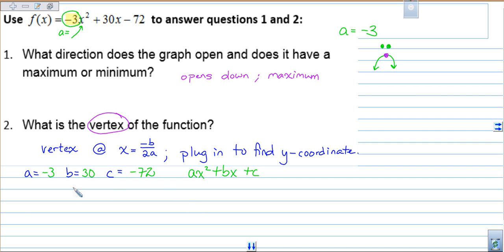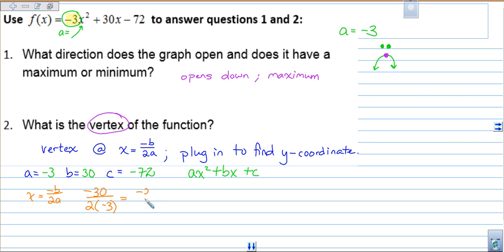So now we're going to figure out, okay, x equals -b over 2a. So try not to think of it as much as -b as the opposite of b. What is the opposite of 30? -30 over 2 times -3, which is our a.